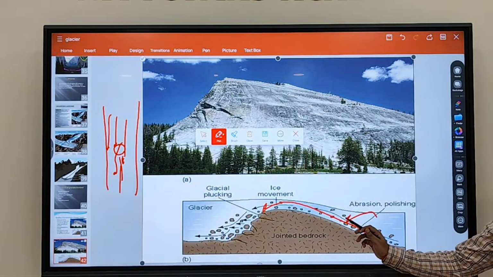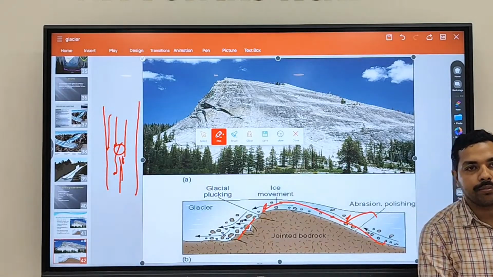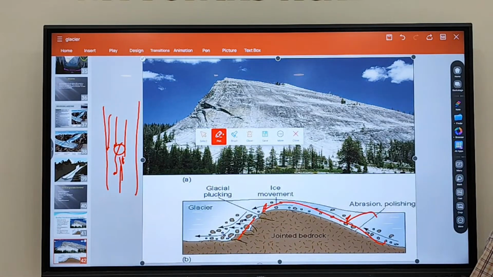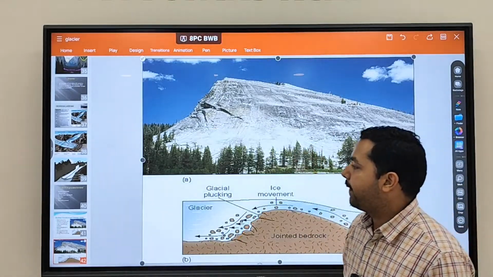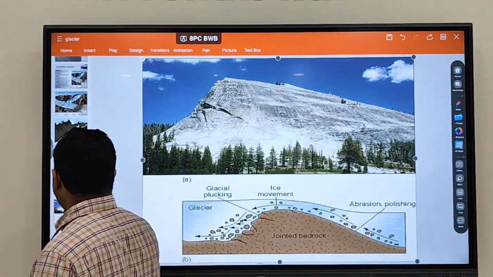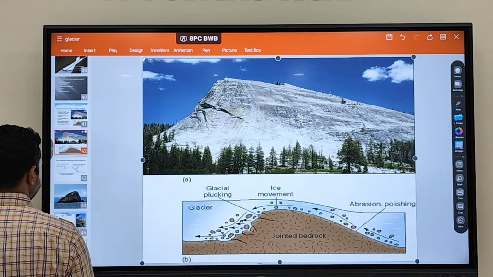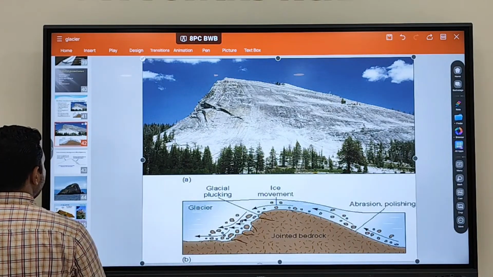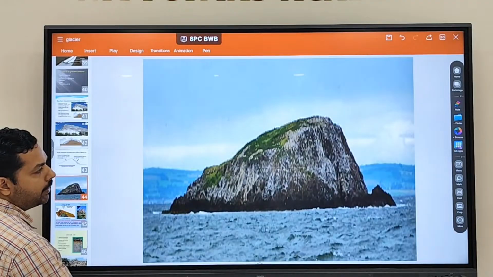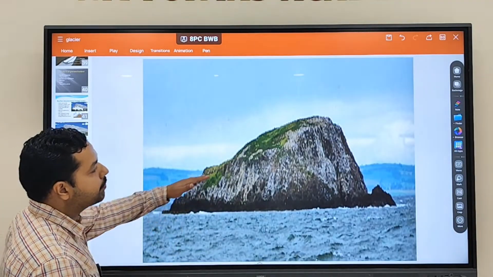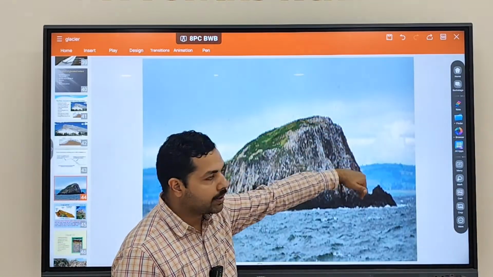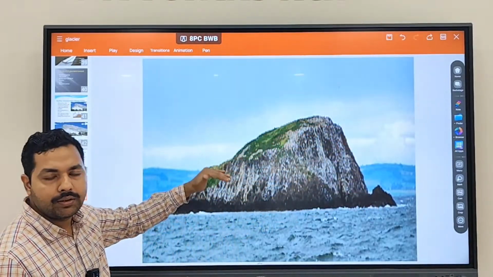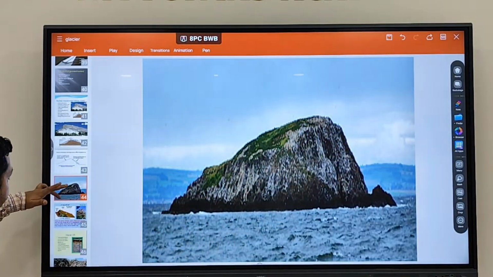So here polishing will happen. Here we'll see abrasion or plucking will dominate. Fine. So this is how you are finding Roche Mountain in reality. This particular side and this particular side you are finding Roche Mountain. In reality you are finding it like this.